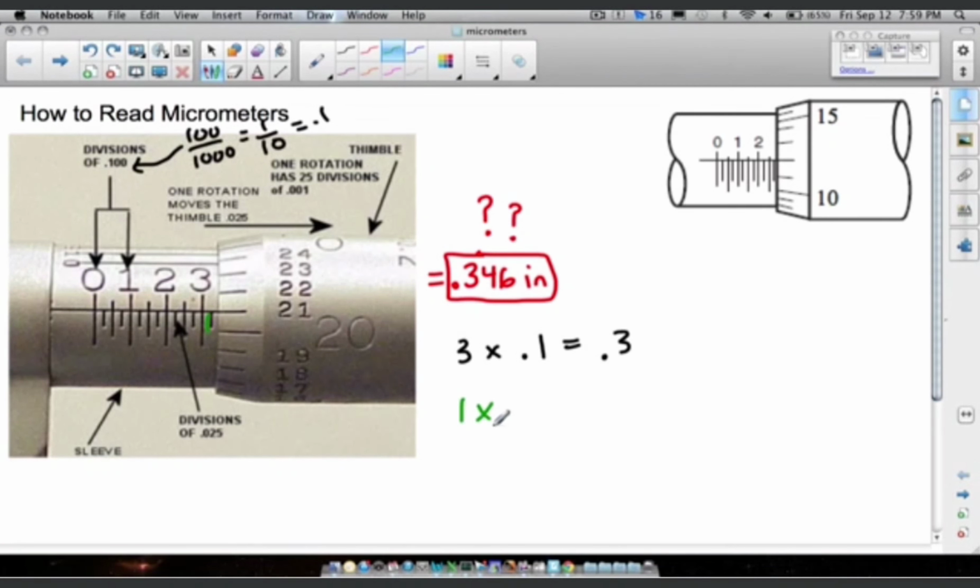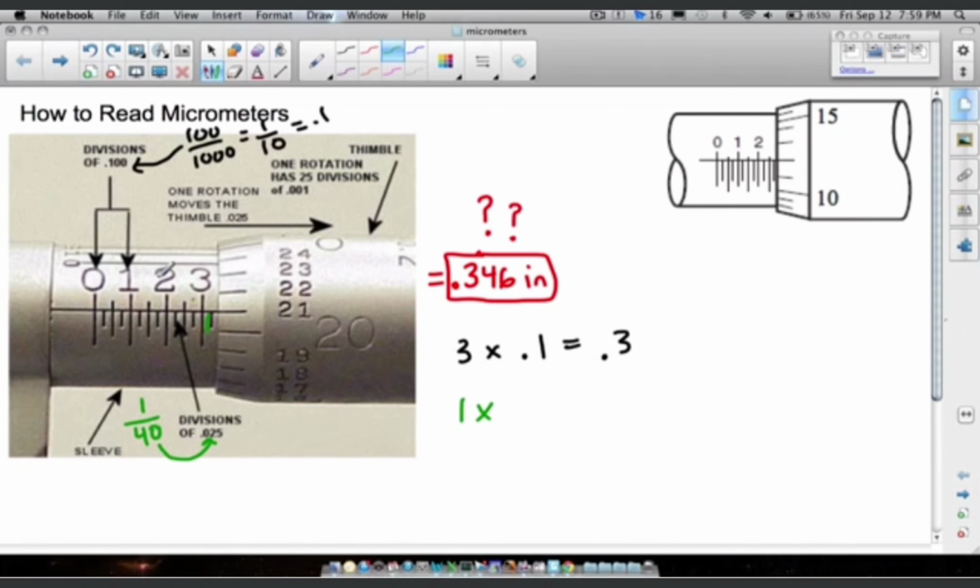Now what do we multiply that by? Recall that I said this up here measures in tenths, and each tenth is broken up into 1, 2, 3, 4 spots. So we're breaking each tenth up into 4 spots. That's the same thing as a 40th of an inch. And if you take 1 divided by 40, that's the same thing as 0.025. Again, think about that.